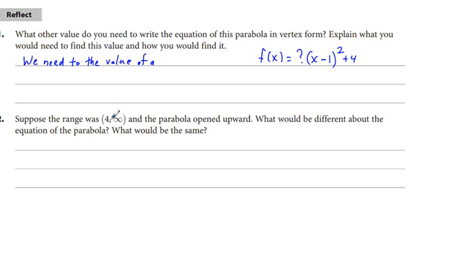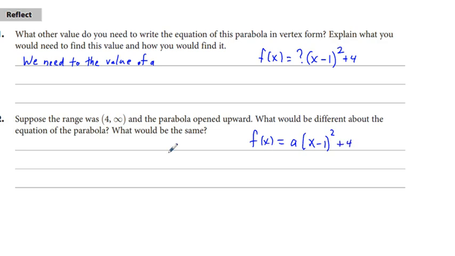Suppose the range was greater than 4 and less than infinity, and the parabola opened upward. What would be different about the equation of the parabola? What would be the same? Well, it would be f of x equals a, and this time we know a would be positive, times x minus 1, still, the x value is that, and then plus 4.